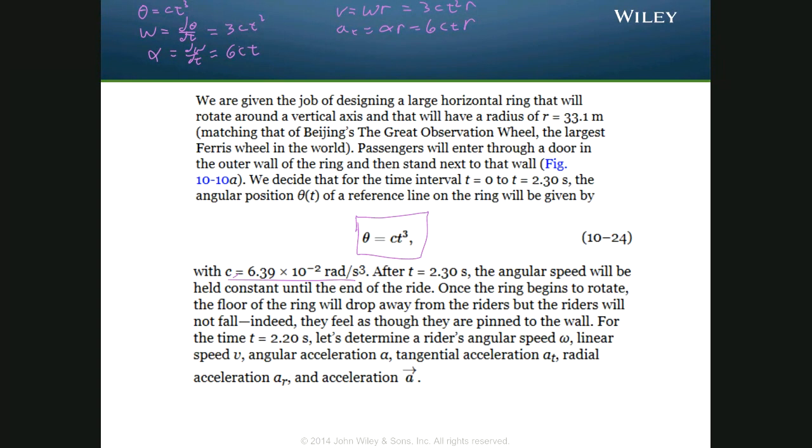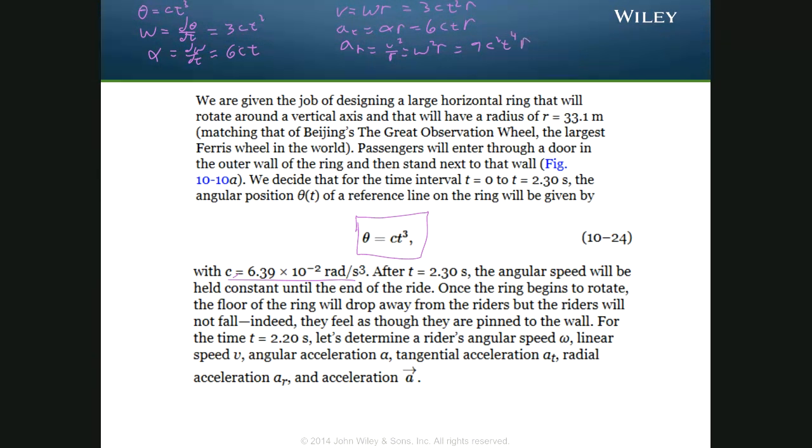And then, of course, a radial will be equal to v squared over r, which equals omega squared times r, which would be equal to 9c squared t to the 4th times r.